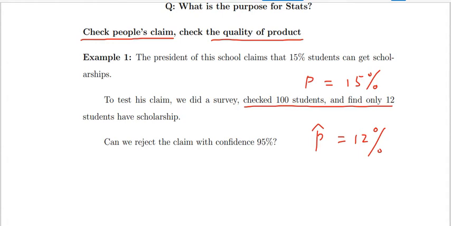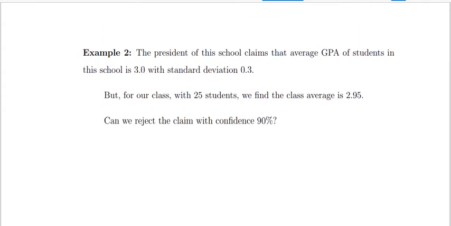Okay, so this is a first example. And we have many of those kinds of examples, right? So let's check this one. The president of the school claims the average GPA for all students is 3.0 with standard deviation.